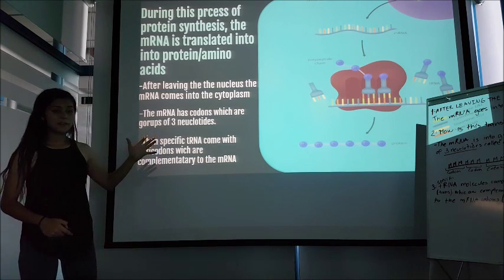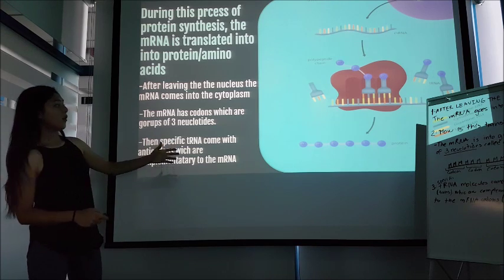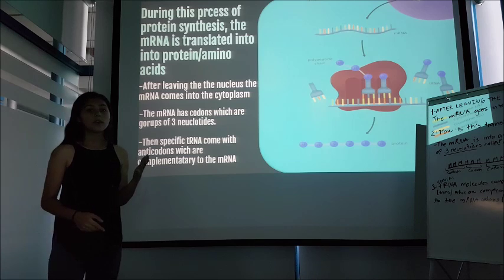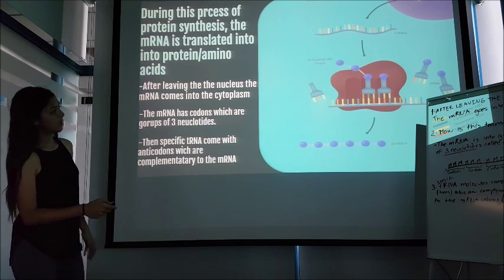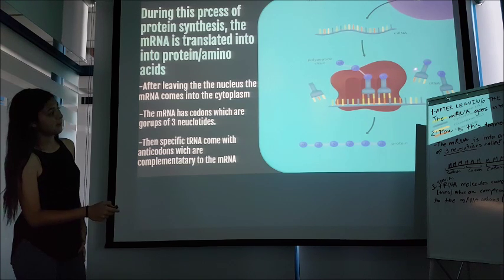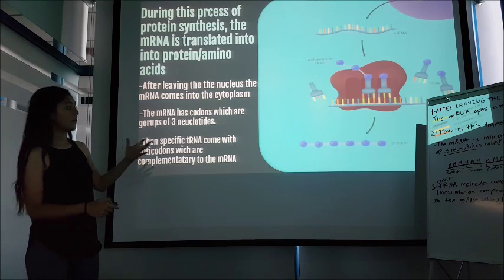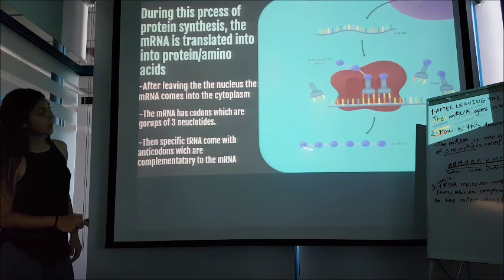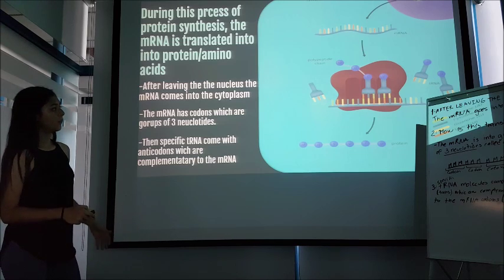Then specific tRNA come with anticodons, which are complementary to the mRNA codons. As you can see here, this is a tRNA which has a specific amino acid, and it has an anticodon which is, as I said, complementary to the mRNA codon. This happens in the ribosome.